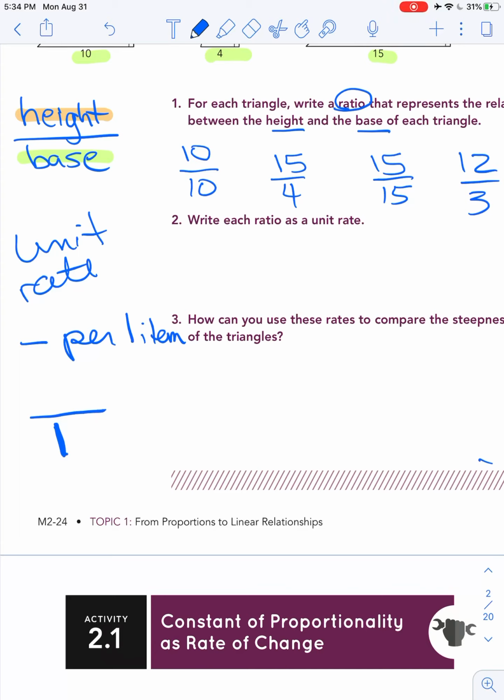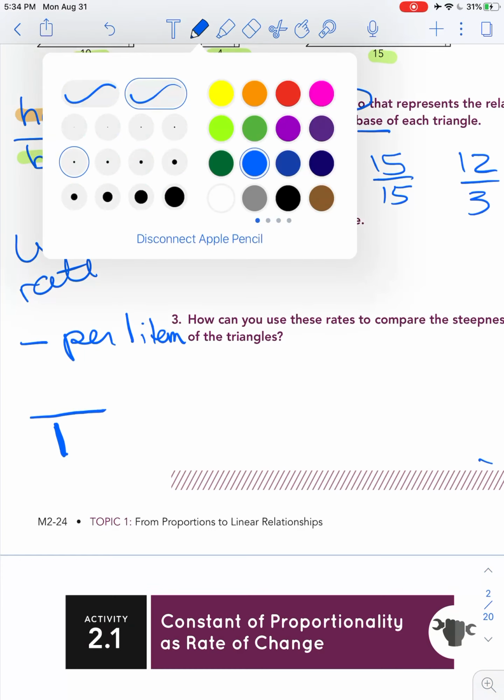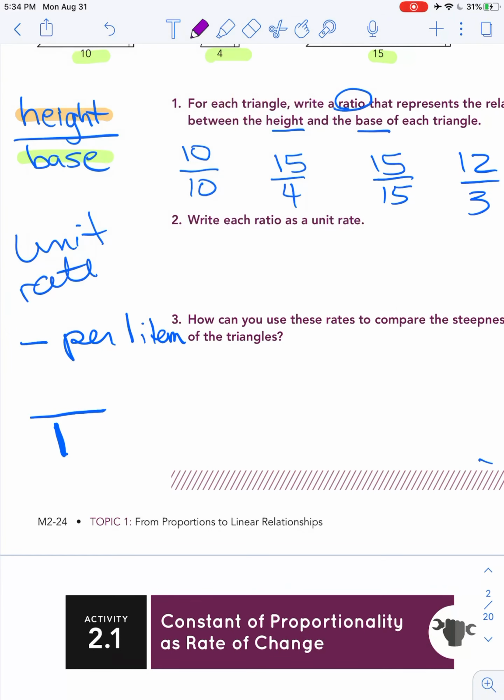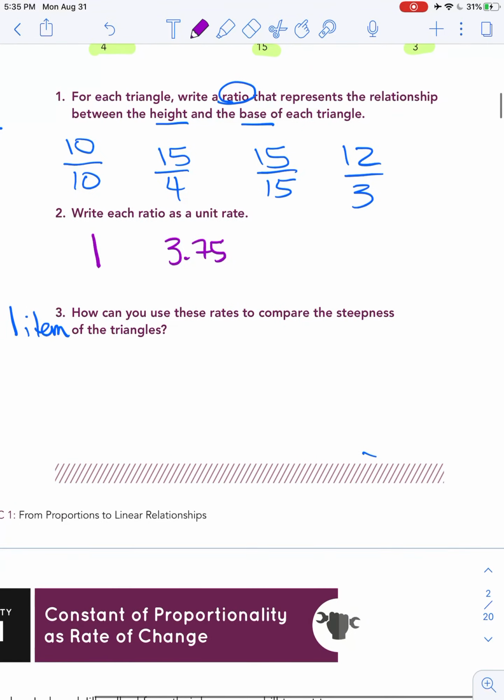If I look at the first one, 10 over 10 would become 1 over 1. 15 over 4 would be 3.75. Now, that can be written over 1. Then 1, and last but not least is 4.